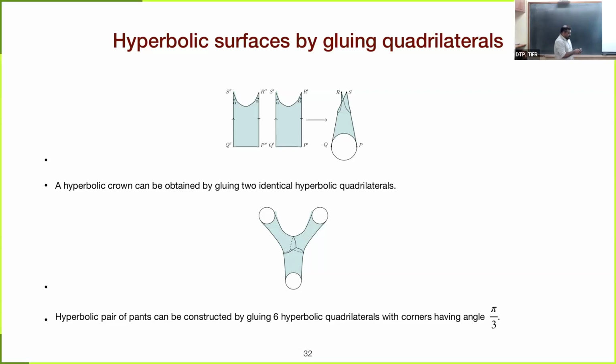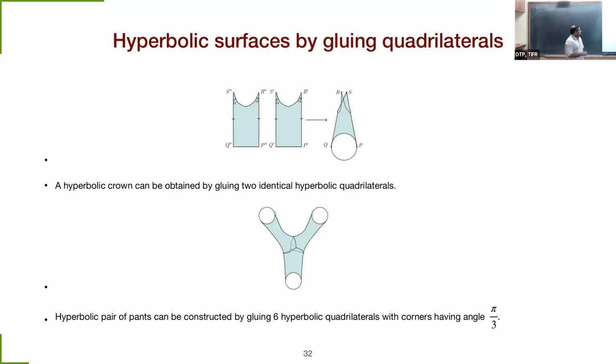But if you start, for instance, with hyperbolic quadrilaterals having 4 sides, the corners have conical singularities. You can take two such hyperbolic quadrilaterals and glue them. What you get is a geometry like a crown, which is basically a hyperbolic disk with two conical singularities. Same as the PSSY saddles, right?